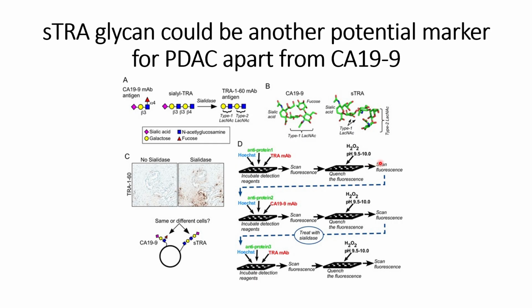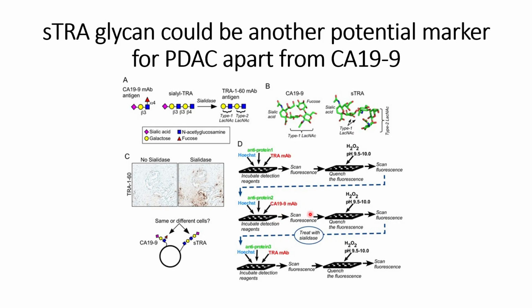They used the same tissue sections for another round, where they use the same Hoechst dye and anti-protein 2 against the second protein of interest, and thereafter they checked it with the CA19-9 monoclonal antibodies.